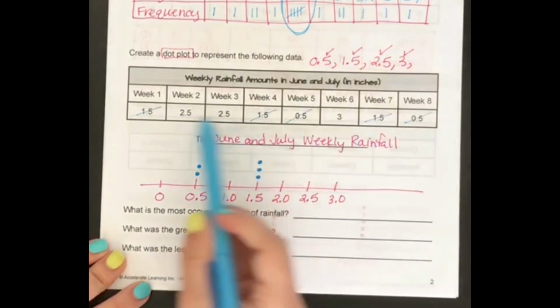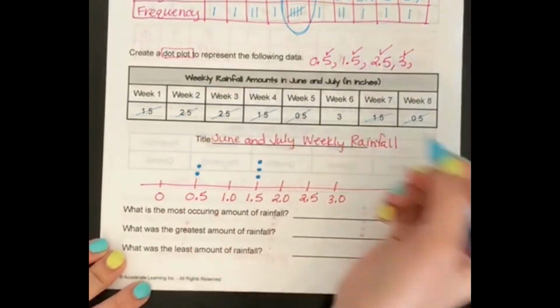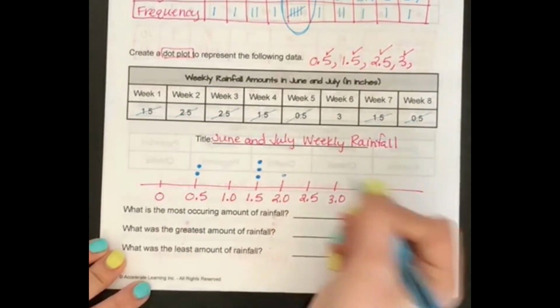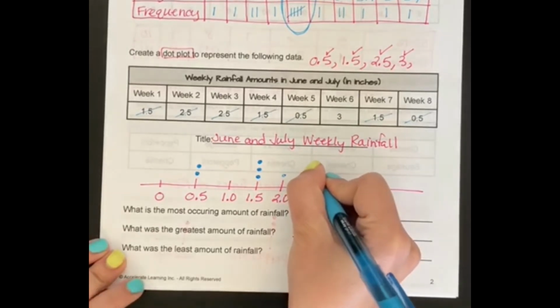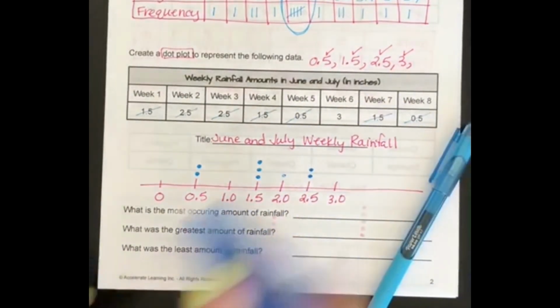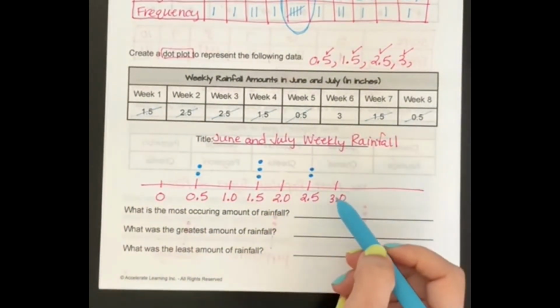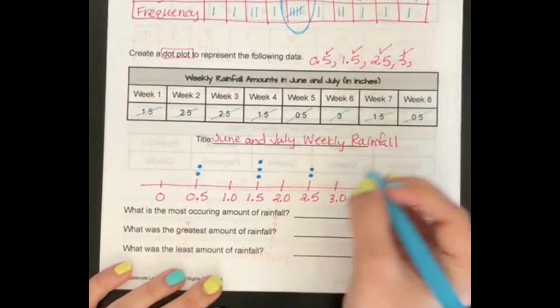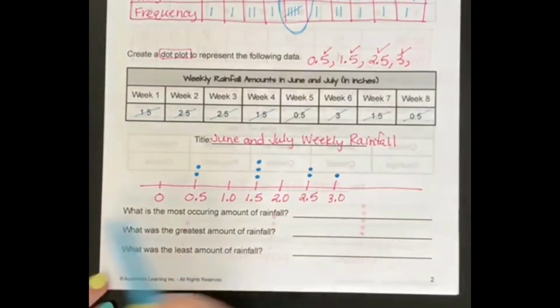I did not have 2 inches any week, so 2 and 5/10 inches. 1, 2. And last but not least, we have 3 inches. We had 1 week with 3 inches. So this is my dot plot.